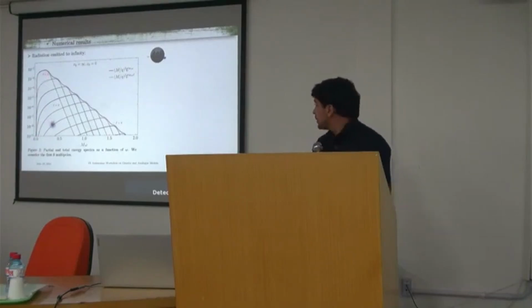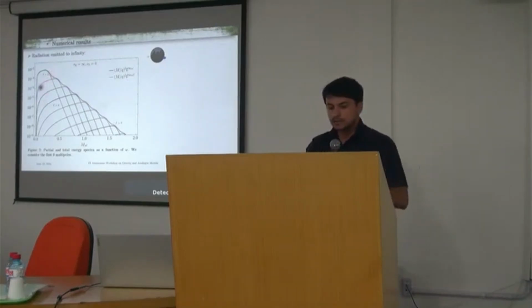And here, I don't know if you can see, but there are some vertical gray lines that correspond to the black hole quasi-normal frequencies. Here we have the fundamental quasi-normal frequency, and as we can see, the spectrum decays exponentially. This is a log scaled plot, so the spectrum decays exponentially for larger frequencies than the fundamental quasi-normal mode in this case.